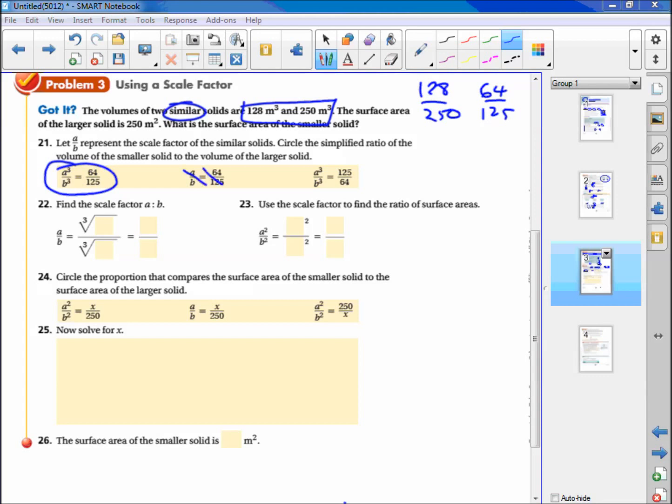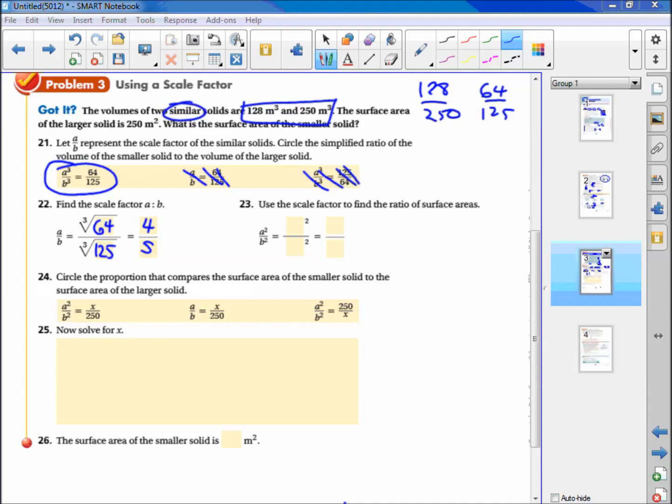That one's no good, and that one's no good. That's the larger to the smaller. So find the scale factor A to B. We knew 64 and 125 for the volume. If we cube root both of those, we get 4 and 5. So the scale factor of the solids is 4 to 5.